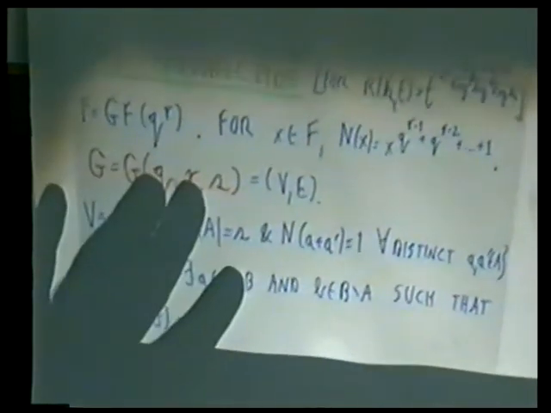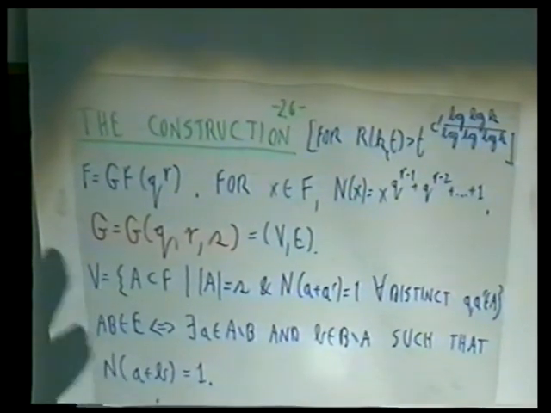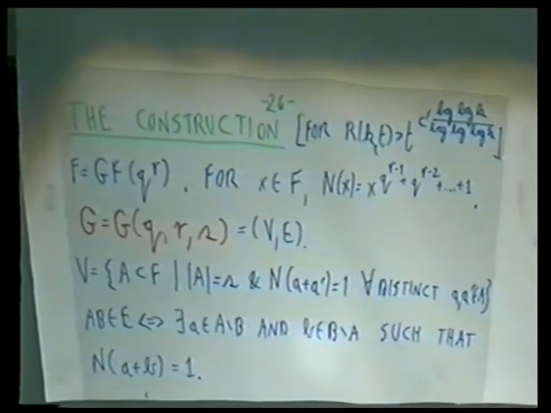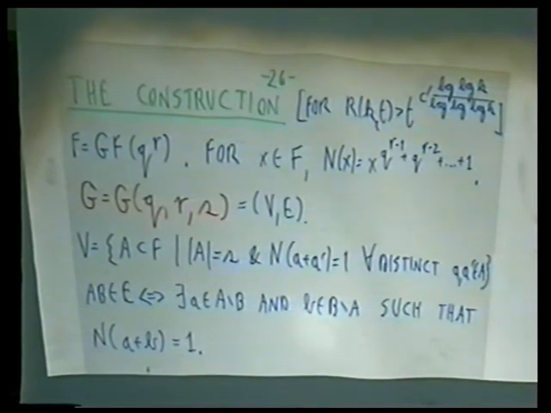So the construction is that you take this q from the lecture of Don yesterday, and you have this finite field, GF(q^r). There is no time to read everything here. For every element x of the field, we let N(x) denote the norm of the element over GF(q), which is defined here.